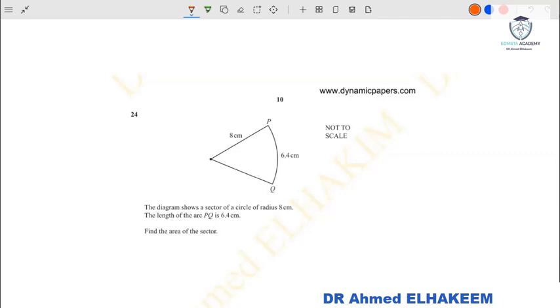To find area of a sector. Yes, think about it. That's how you find area of a sector.